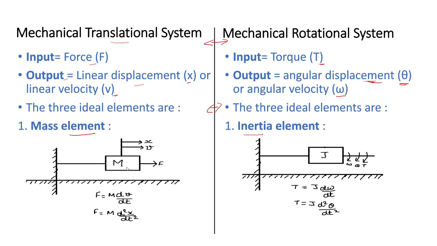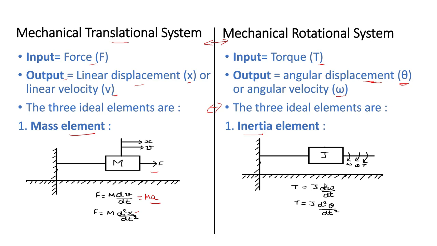So mass element is denoted by m, and this force which is input is equal to ma, and a is acceleration, also known as dv by dt, and similarly f is equal to m into double differentiation of displacement with respect to time.